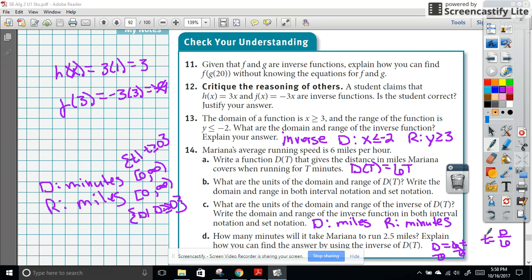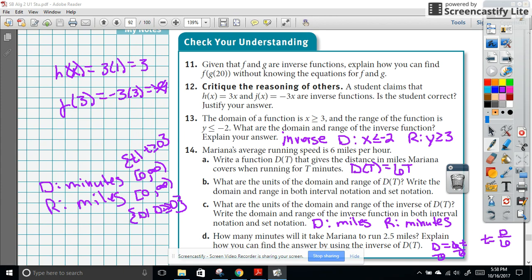Okay, so that's how you would do the time. So you would take 2.5 miles and divide it by 6. That's how I would explain that.